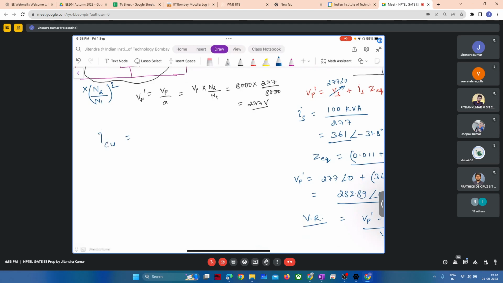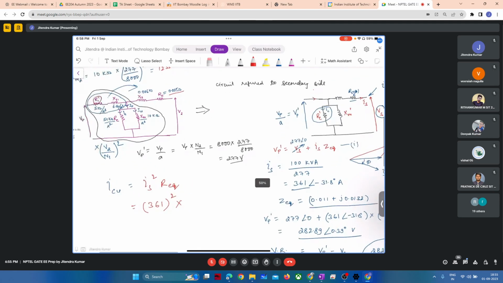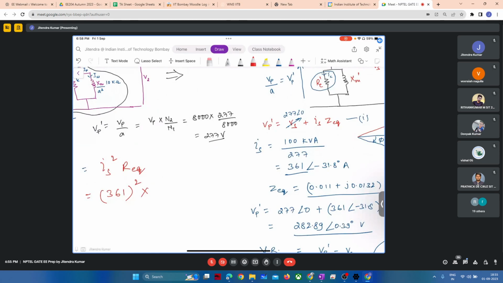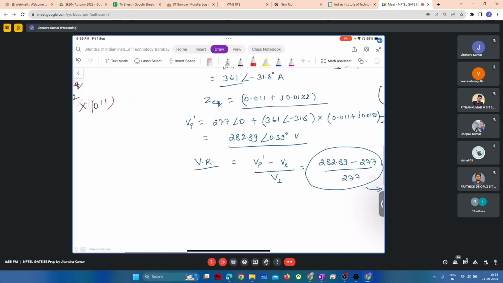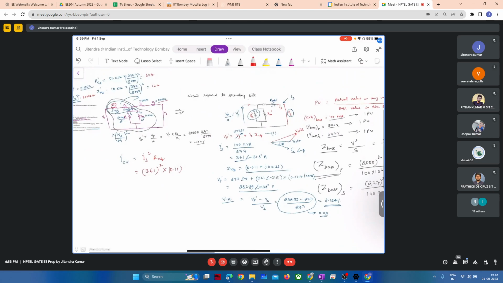Copper loss is IS square R equivalent, so 361 square into R equivalent. We have computed R equivalent, and I have provided it here somewhere.